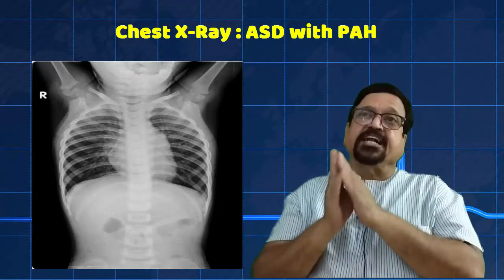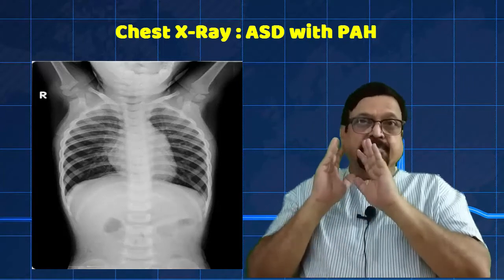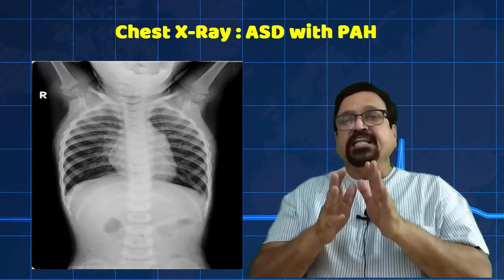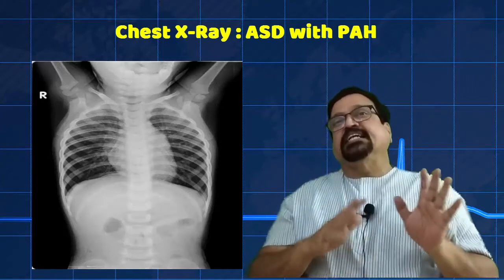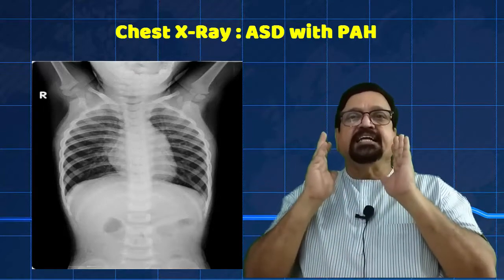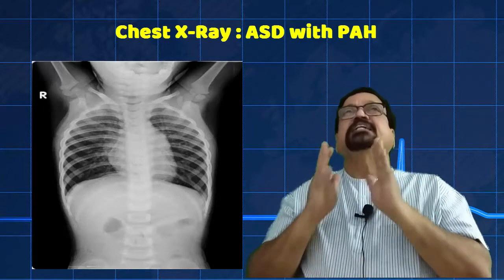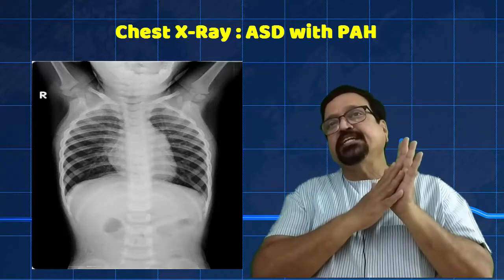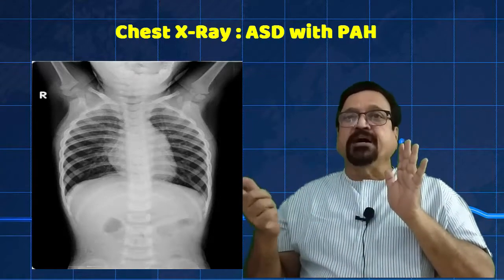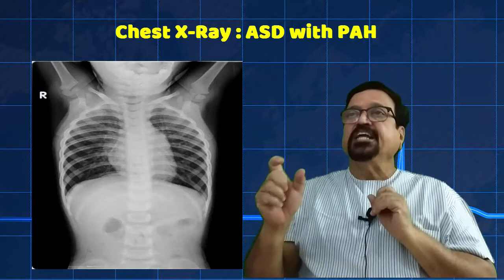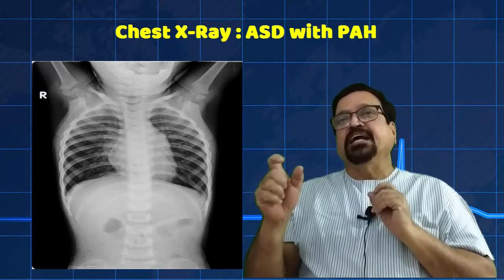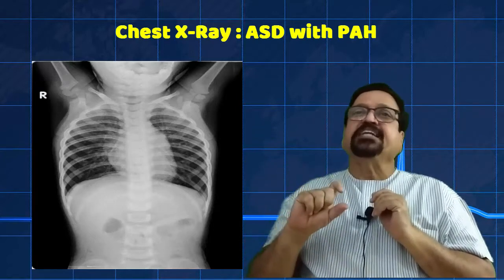ASD, because there is a shunt, the blood in the pulmonary circulation is more congested. The reason is because of the septum, the right atrium tries to push blood into the left atrium, but after birth, the pressure in the left atrium is fairly high as compared to the intrauterine.